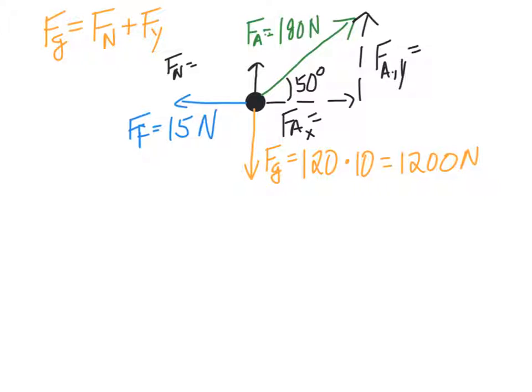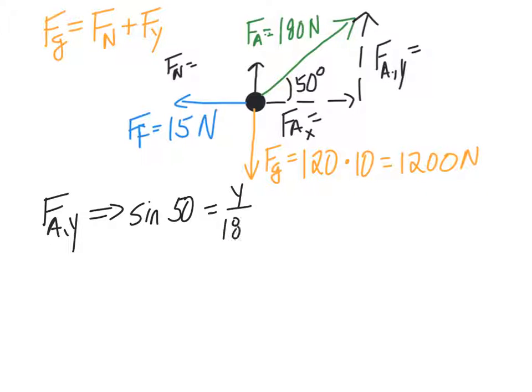We have a 50-degree angle. We have the hypotenuse of 180. So I'm going to go ahead and calculate the y component first. So y is opposite, so it's straight across from the angle. So I can take sine of 50, which will be equal to the y over 180.